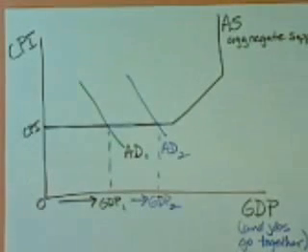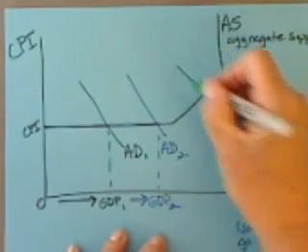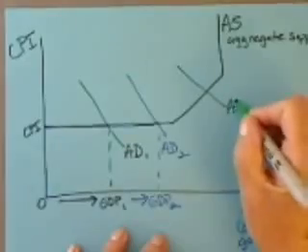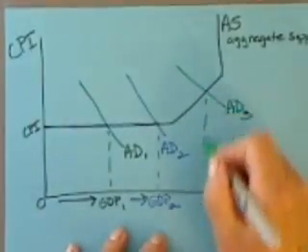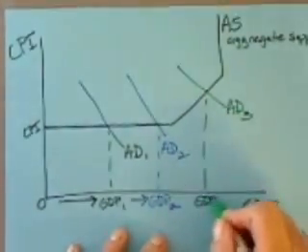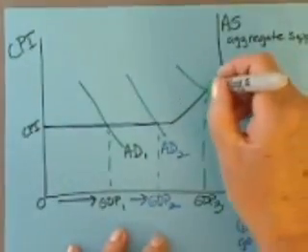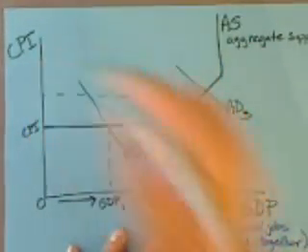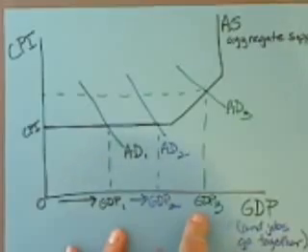So let's see if it can get better still as we move along into the upward sloping section to, let's say, AD3. This time, we have more GDP like before, GDP 3, but this time, in terms of costs and benefits, the benefit was the increase in GDP.